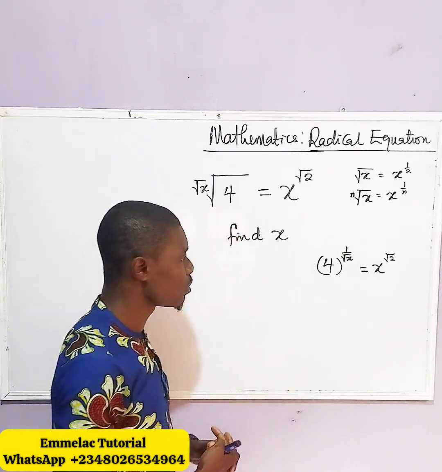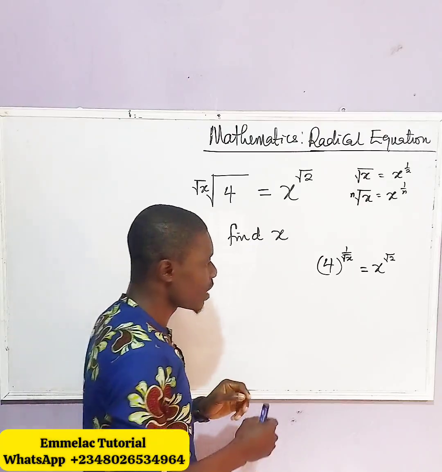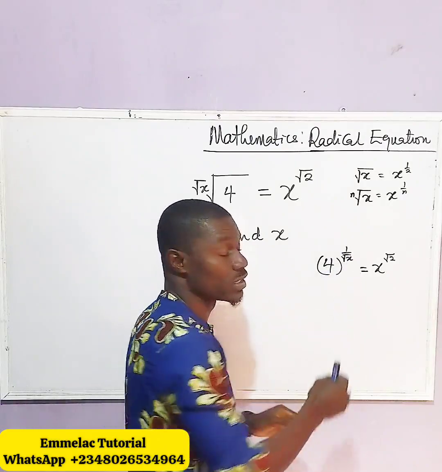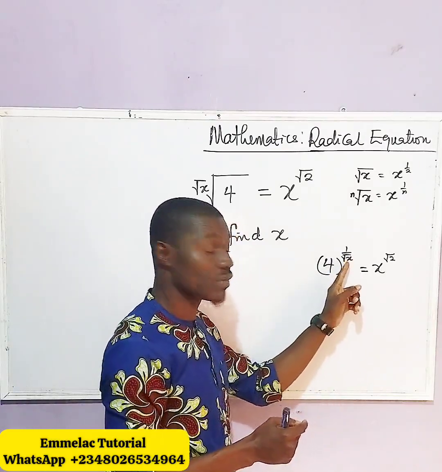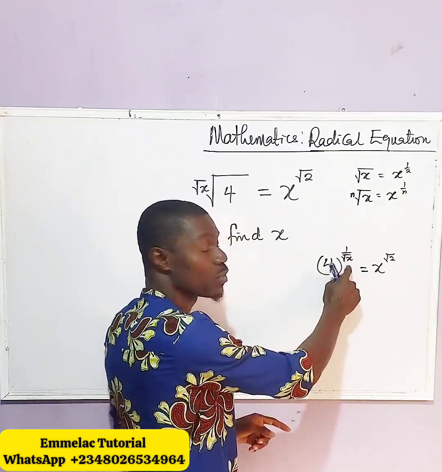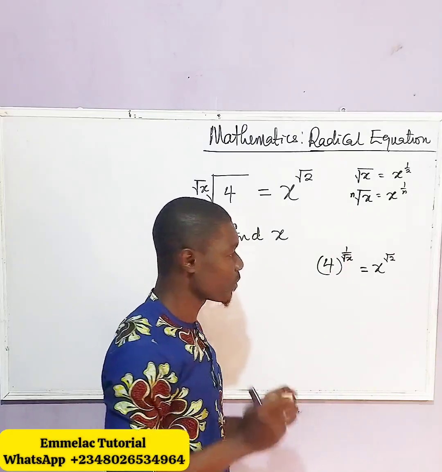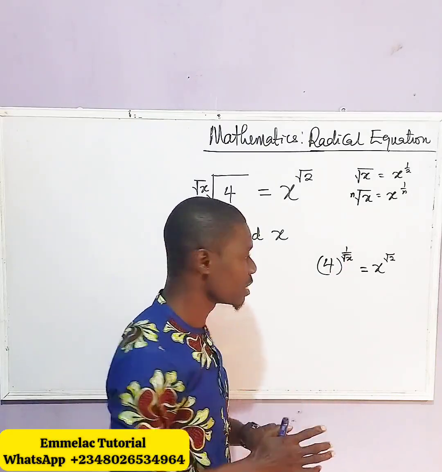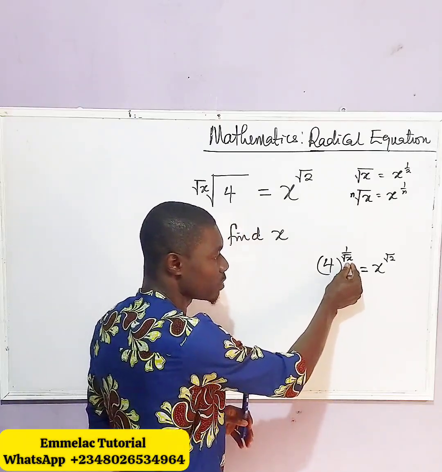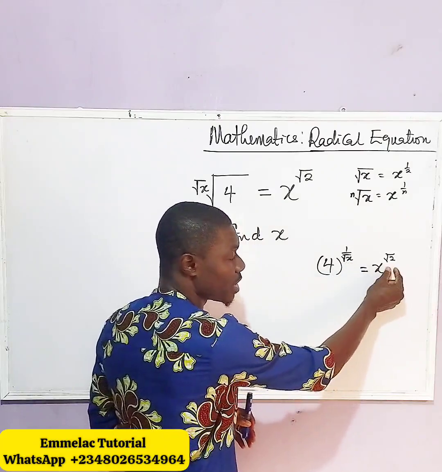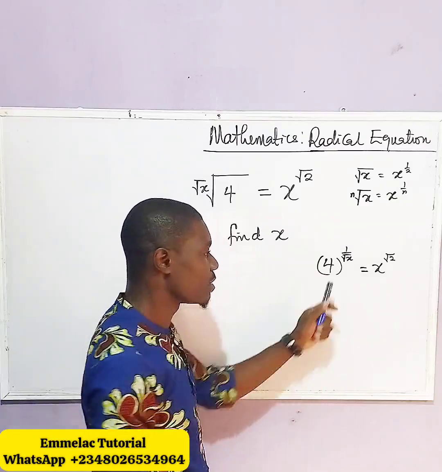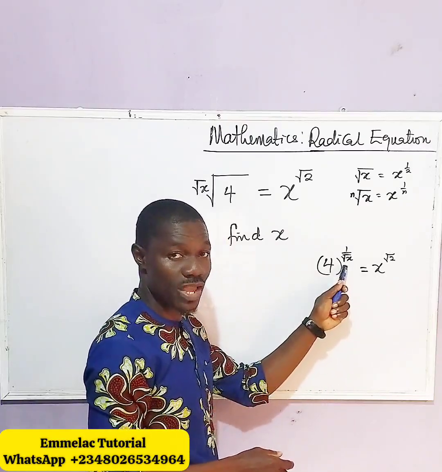So how do you go about it? Since here we have 1 over the square root of x, I want to raise both sides of the equation by the reciprocal of this. To take this over to the right hand side, I need to raise both sides of the equation by the reciprocal of the square root of x.